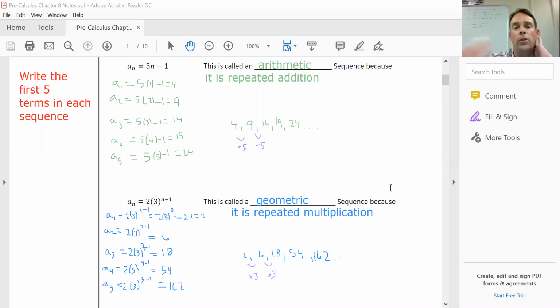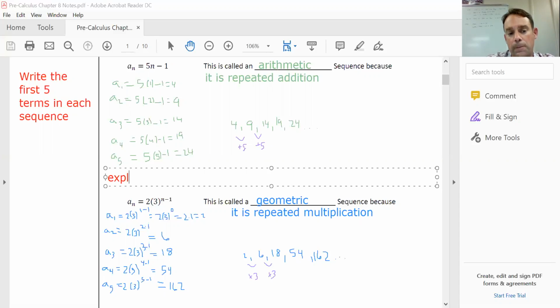Now, one of the things you want to look at here is that with each of these values, you can plug a number in for n and get a term out. So if you can plug your term number in and end up with a term value, we call this an explicit sequence. These are explicit sequences. These are examples, and you'll see that at the bottom of your notes, so you don't need to necessarily write that. You already have it.